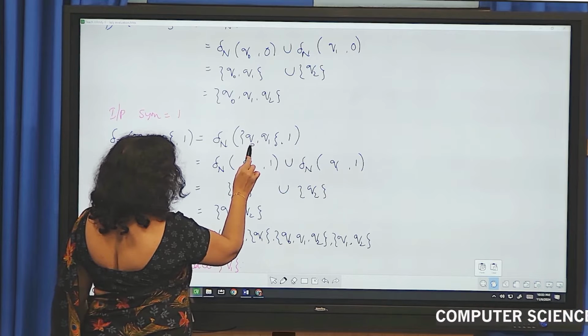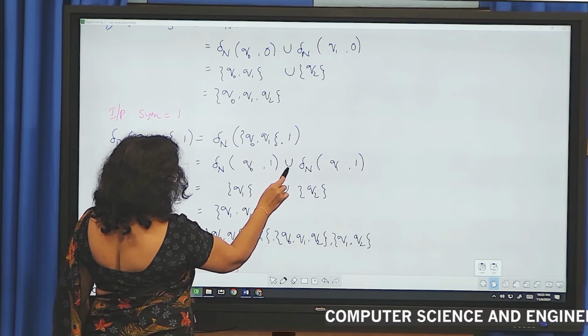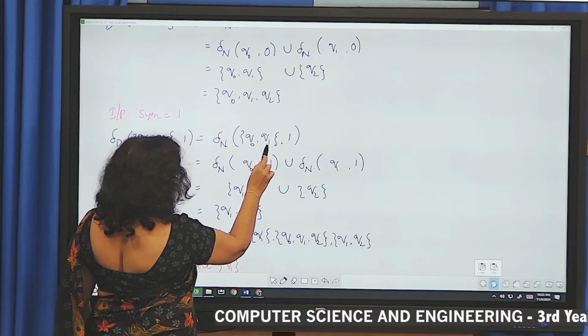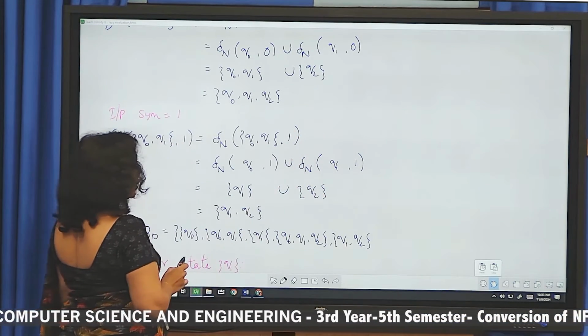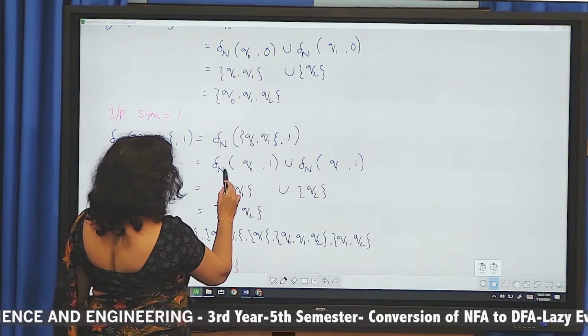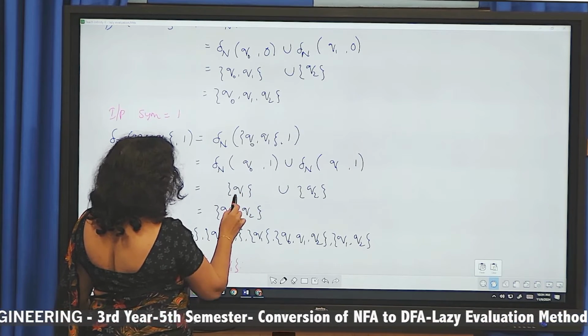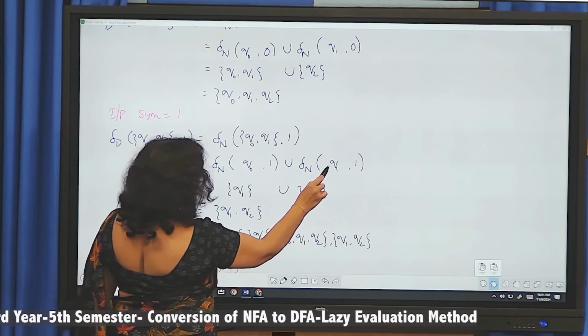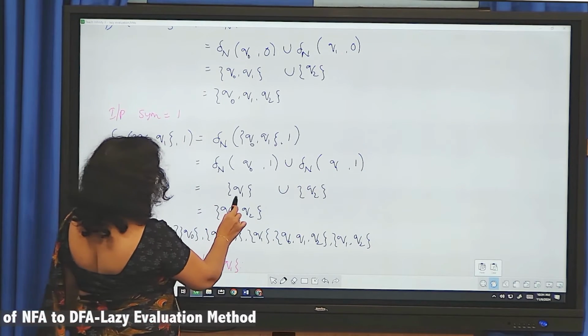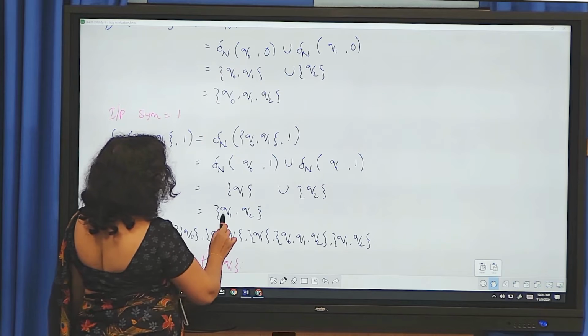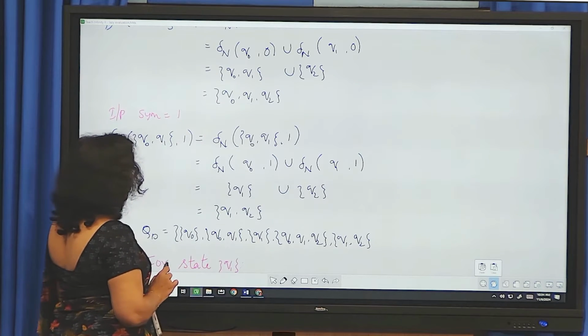Delta N of Q0 on 1 union delta N of Q1 on 1. By looking at the transition table, delta N of Q0 on 1 is Q1, delta N of Q1 on 1 is Q2. So, Q1 union Q2 would be Q1 Q2.